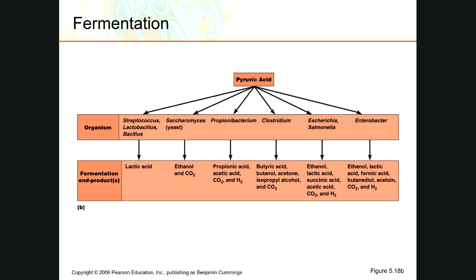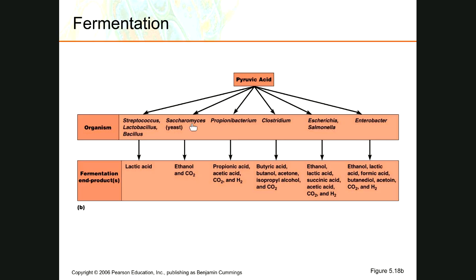But lactic acid is a common end product, so acids are common end products. And that actually can be very beneficial. If you take Streptococcus, Lactobacillus, and Bacillus and mix them with milk, they produce lactic acid, which curdles the milk, spoiling it in a good way to make things like yogurt, buttermilk, sour cream, all because of microbial fermentation.